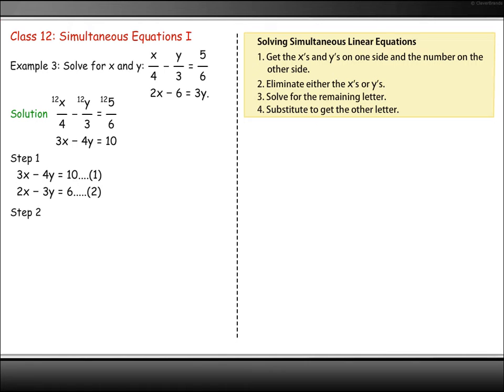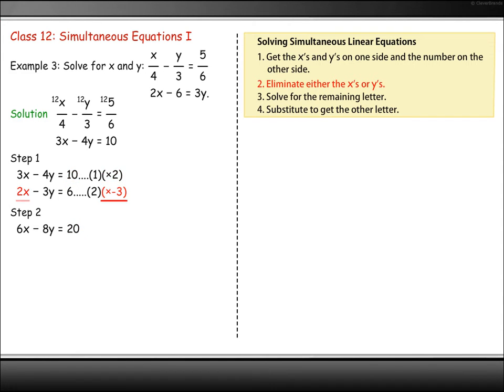Step 2. Eliminate the x's. Multiply equation 1 by 2 and equation 2 by minus 3. So you have the same number of x's, but with different signs. Equation 1 becomes 6x minus 8y is equal to 20.